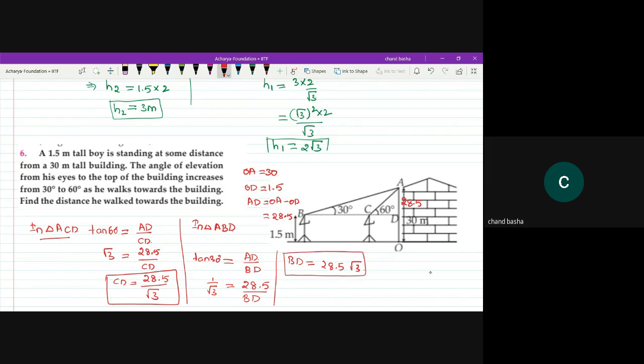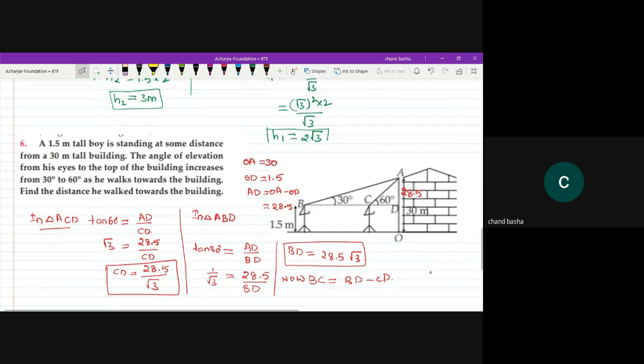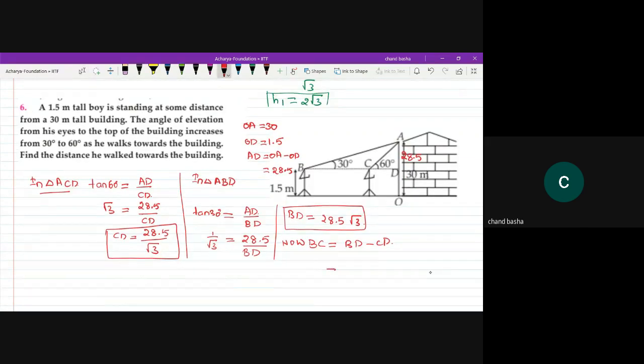Now what is he asking? He's asking just BC. A person travels from one point to another point, that is BC is equal to BD minus CD. So BD and CD values we have already calculated. You can just subtract. 28.5 root 3 minus the CD value, 28.5 divided by root 3. Now 28.5 you can take as common.